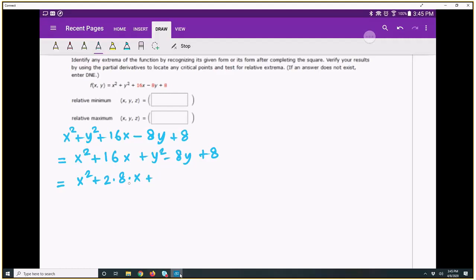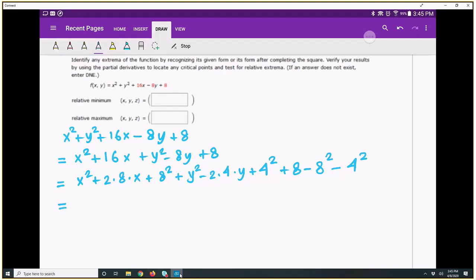And this new multiplier is 8, so I will say 8 squared. Similarly, I will do y squared minus 2 times 4 times y, so I will say plus 4 squared because my new multiplier is 4. I had plus 8 to start with. Now I added 8 squared, so I subtract 8 squared. I added 4 squared, so I subtract 4 squared to balance my relation.